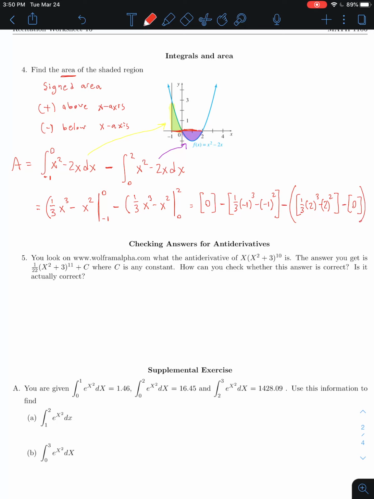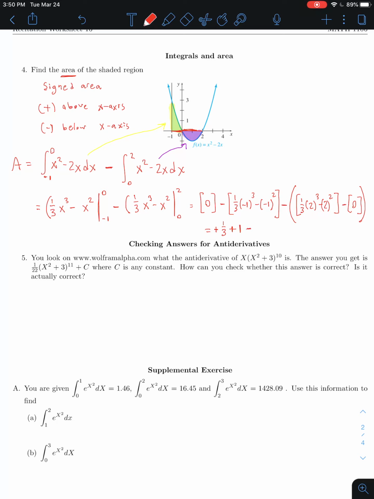Okay, now let's take this one term at a time. So we're going to get negative 1/3 times -1 gives us really positive 1/3. We have -1 squared is positive 1. And then we have 2 minus signs out in front of us, which are going to cancel. So we get positive 1 again.